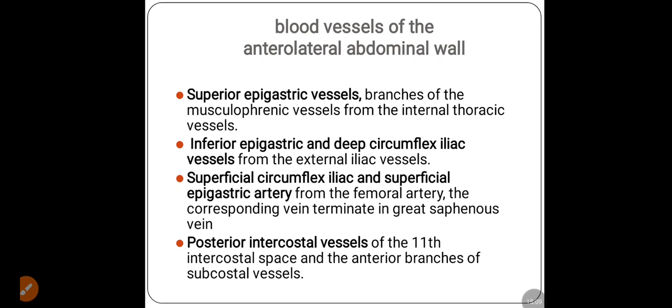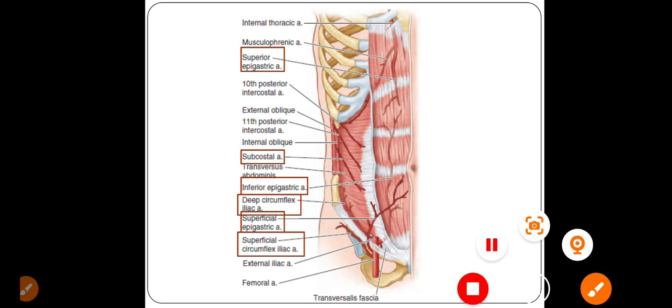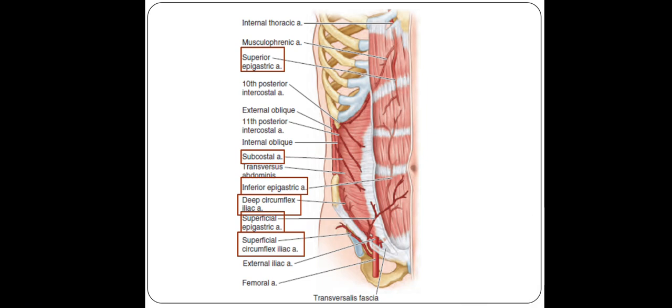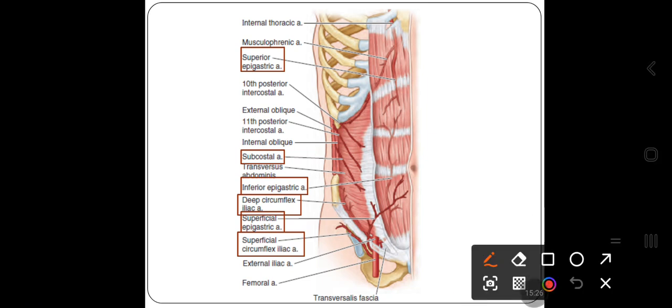Other arteries include the superficial circumflex iliac and superficial epigastric, which are branches from the femoral artery. I will repeat it again. Superior epigastric and musculophrenic branch from the internal thoracic.